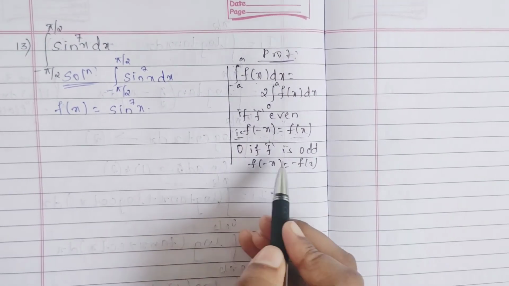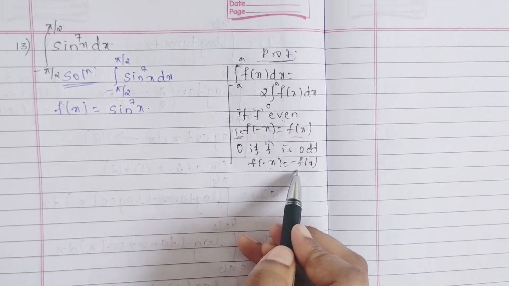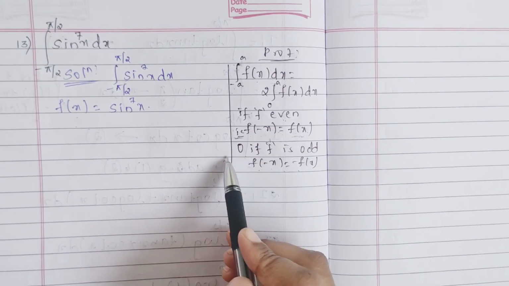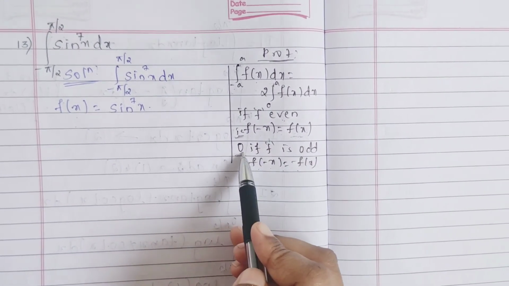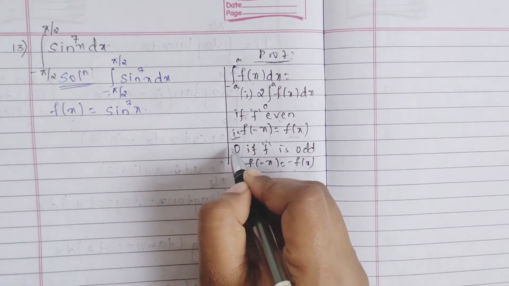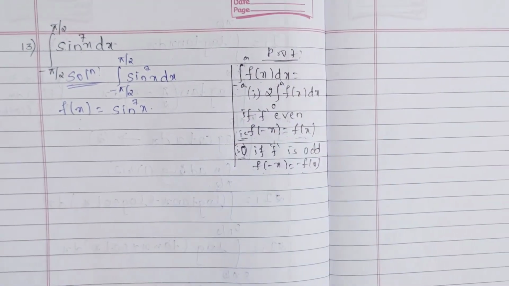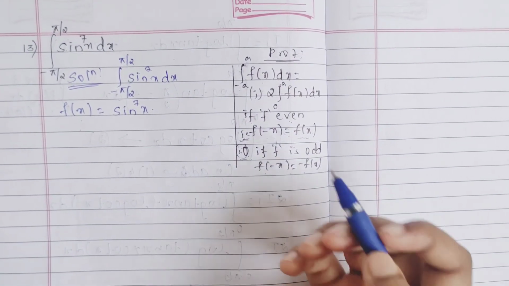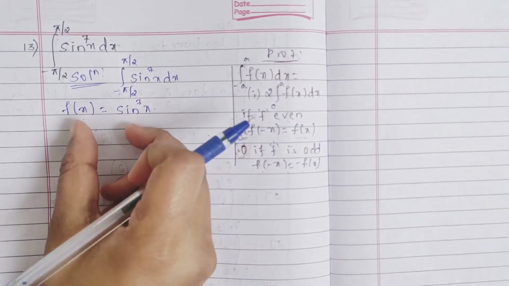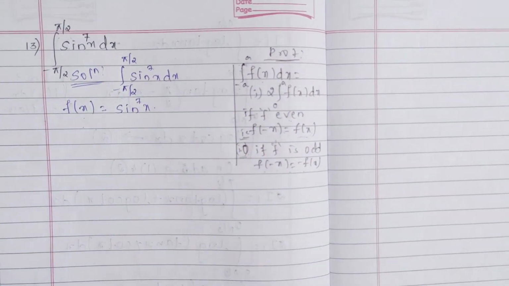If you get f of minus x equal to minus f of x, then it is odd, and the answer will be 0. So there are 2 cases, this is the first and this is the second. First we will check which type it is, even or odd, and then we will head on to the integration.